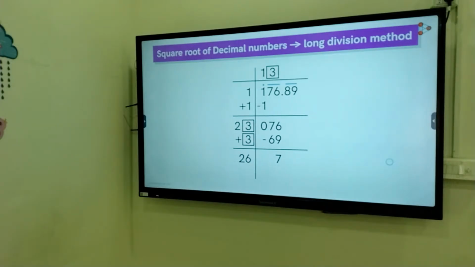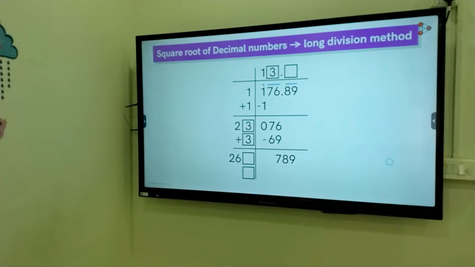Now, we get the next pair down, which is 89. Here, this 89 is preceded by a decimal point, hence we will put a decimal point after 13. Now again, we need to draw the same box above and below. Next, we need to find a number by trial and error such that the number so formed is closer to 789.